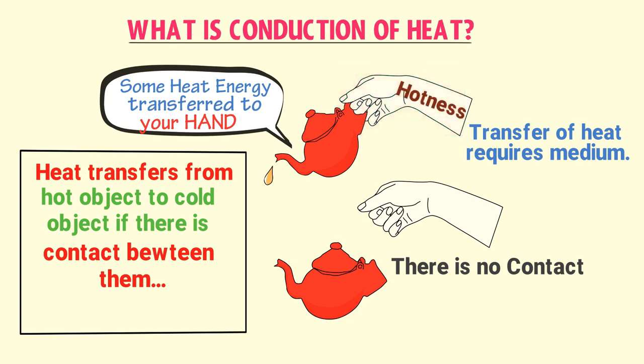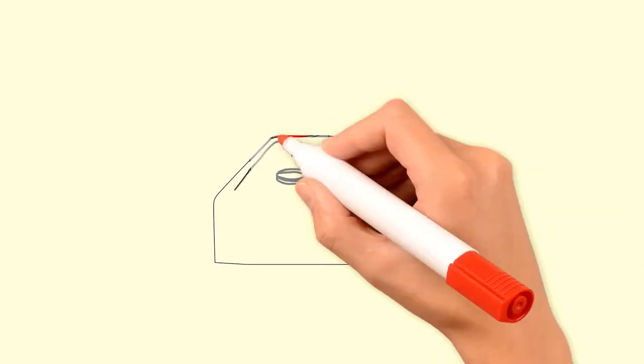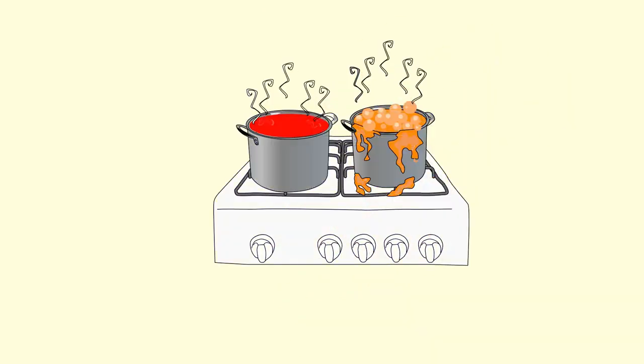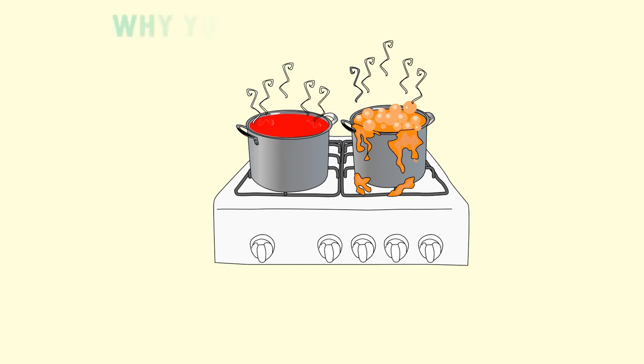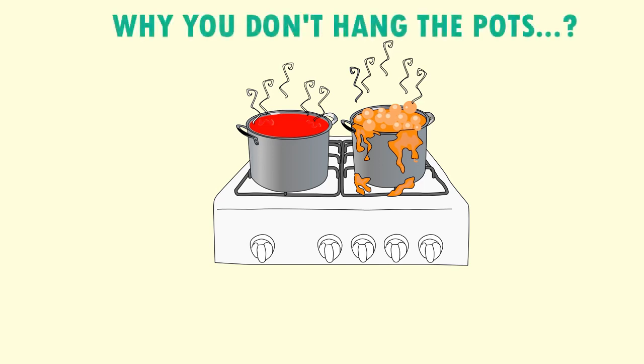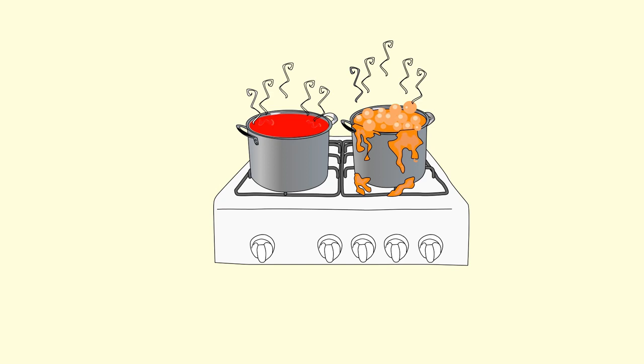Let me give you another example. For instance, you are cooking some sort of food. You always place the frying pan or pot exactly above the fire or flames. Why do you not hang or place the pan or pot away from the fire? You always place the object straight above the fire.